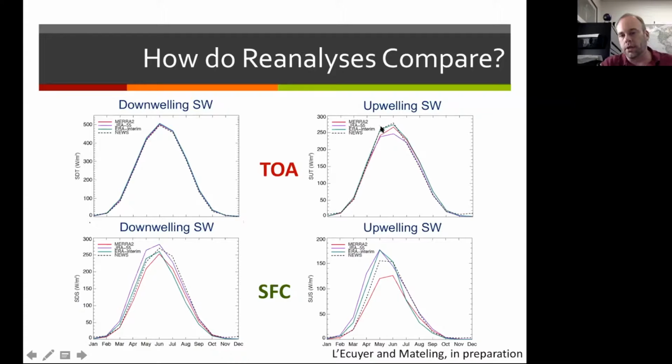So even though MERRA does a reasonably good job at getting the outgoing shortwave radiation correct, that may be due to a compensation of two errors. One, that MERRA has maybe too many clouds, which reduces the amount of shortwave radiation that makes it to the ground, and maybe also some errors in the brightness of the sea ice, which allows MERRA to not reflect enough shortwave radiation back to the top of the atmosphere.